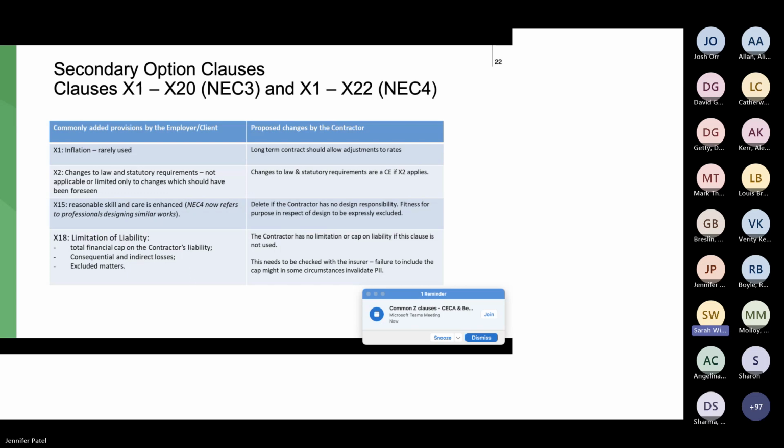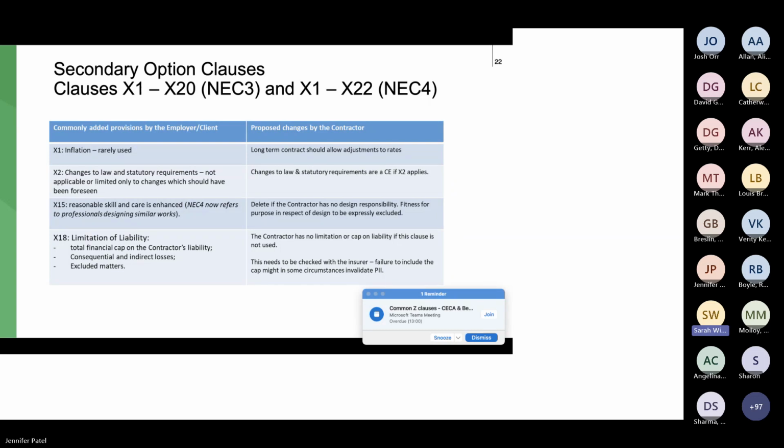If this applies, any changes to the law and statutory requirements become a compensation event if they are brought in after the contract's signed. Therefore, the contractor would be entitled to any time or money that compliance involves it in. Changes might include limiting that compensation event to applying only if the changes to the law or the statutory requirements that come into force are those that couldn't have been reasonably foreseen.